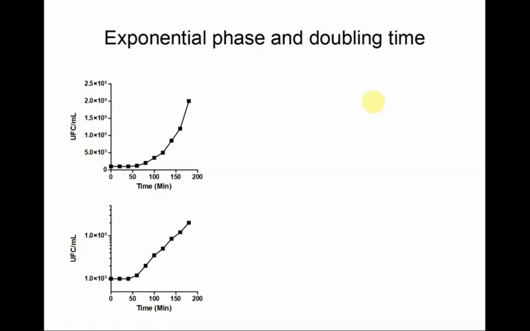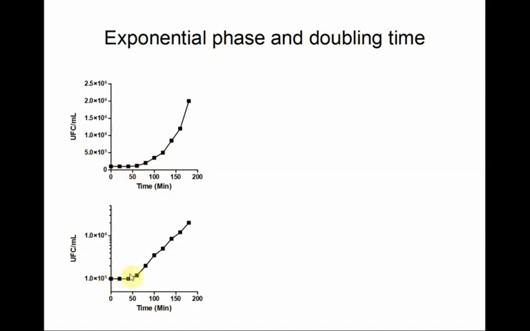And you can only really see it when you plot the data on a log scale. These are the same numbers plotted on a linear scale and a log scale. With this curve, it's very difficult to see where your exponential phase really starts, whereas it's pretty easy to see by eye when you plot the same values on a log scale.